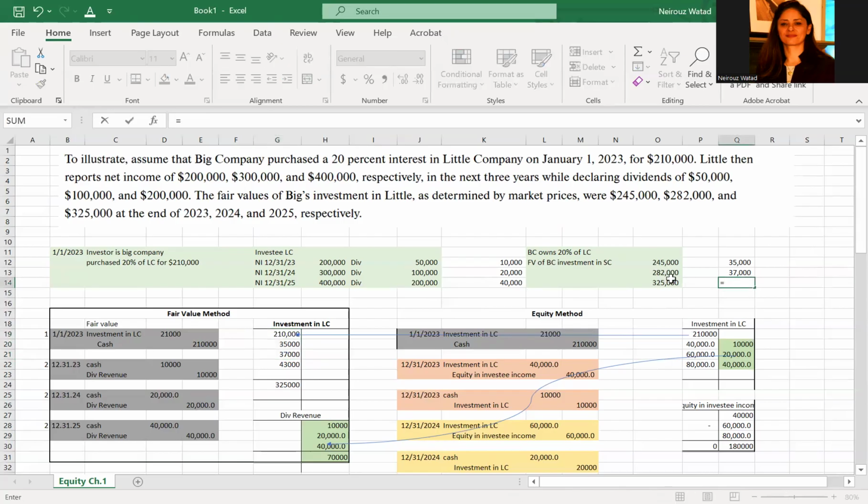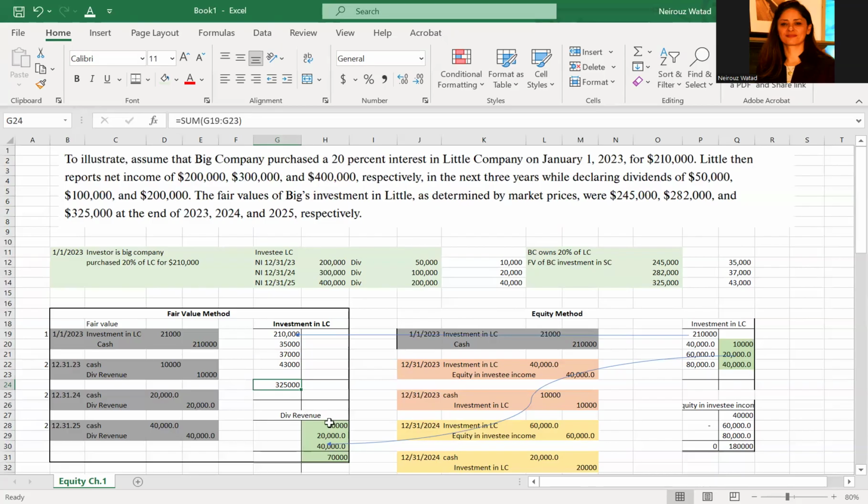So it was 282, went up to 325, 43,000. Same entry, debit, investment in LC, and credit, unrealized holding gain. Okay, and that is the $325,000 value of BIG's investment in LC, and that's the difference.